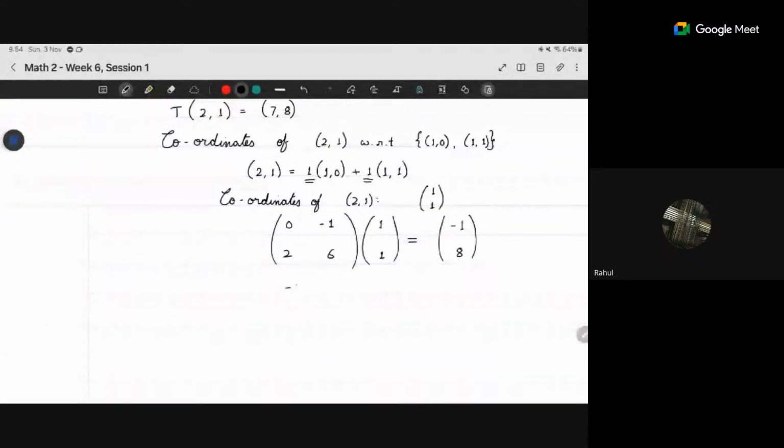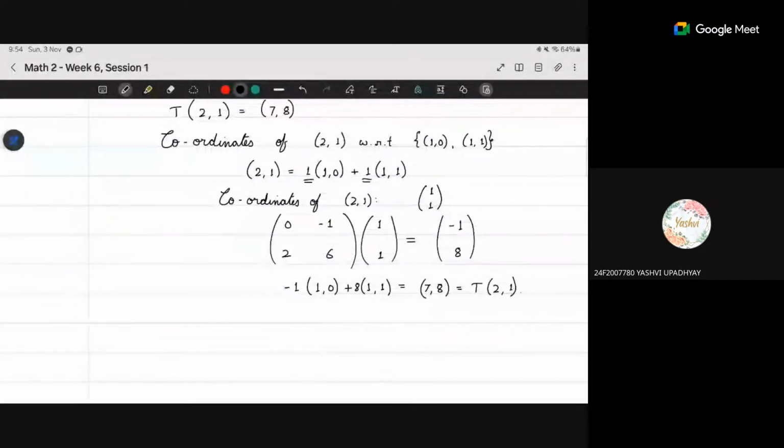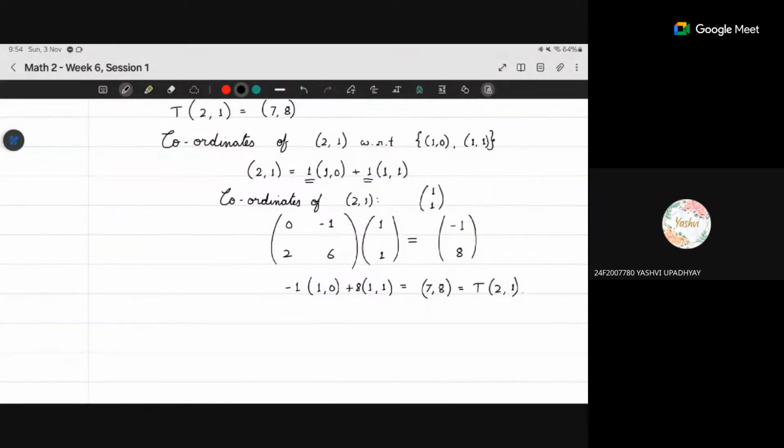If I do minus 1 times 1, 0 plus 8 times 1, 1, what do I get? 7 comma 8. And what is this? The function. Right. So the matrix representation of the linear transformation with respect to a given basis actually takes coordinates of vectors to coordinates of vectors in the given basis.